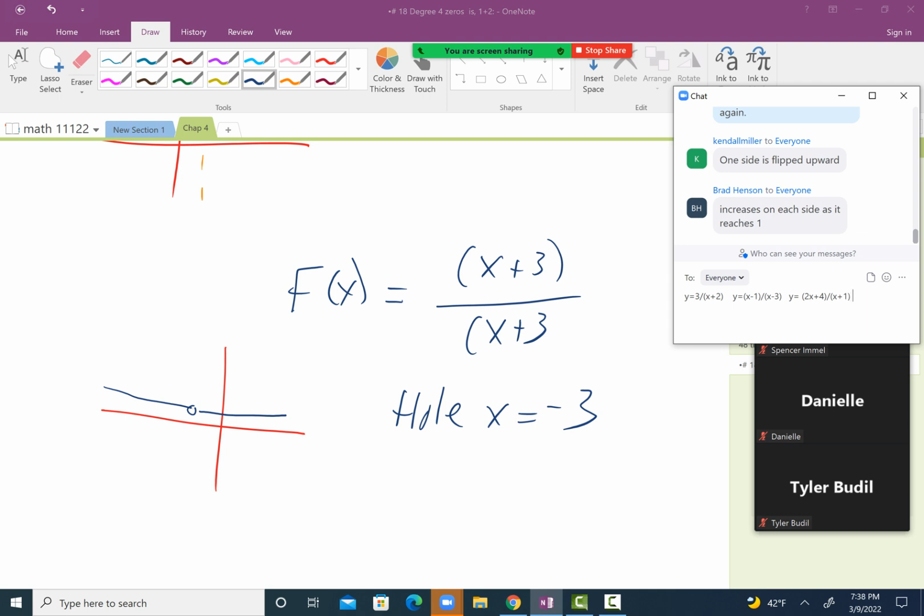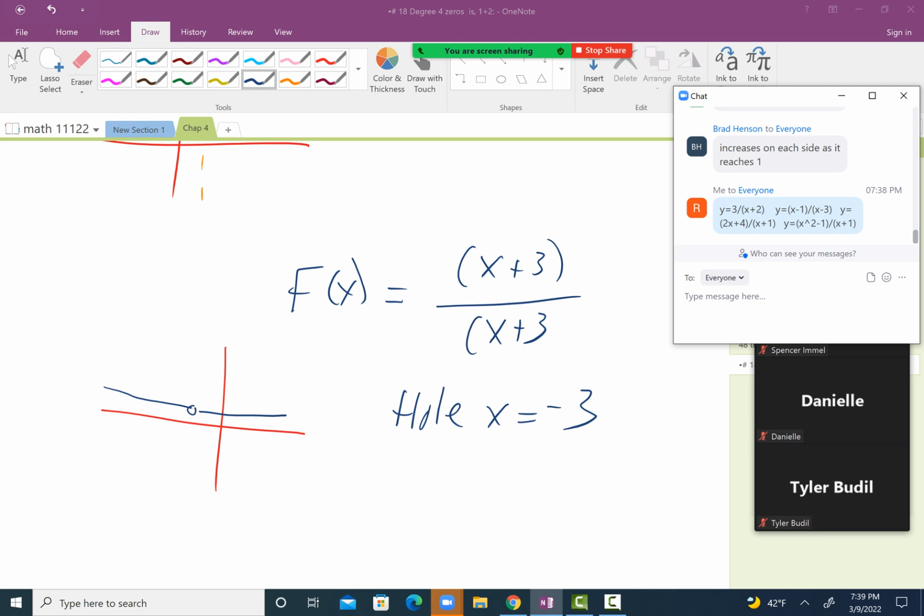And the last one I want to put in is y equals x, parentheses, x squared minus 1 over parentheses x plus 1. Boom, there they are. So I want you to put those in the decimals. I wouldn't have them all going at the same time. But graph them.